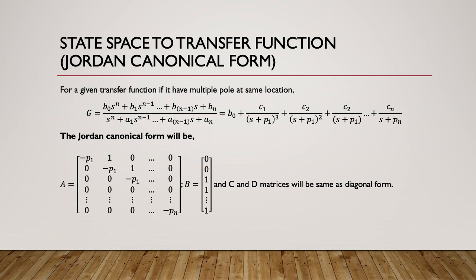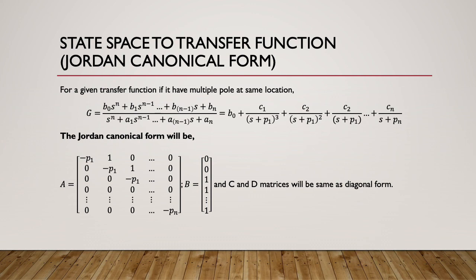That is called the Jordan canonical form. Let's say we have three poles at the same location, s equals minus p1, repeated three times. In that case, we represent the matrix in this particular form. The poles are placed on the diagonal, however with 1s in the upper off-diagonal part between repeated poles.